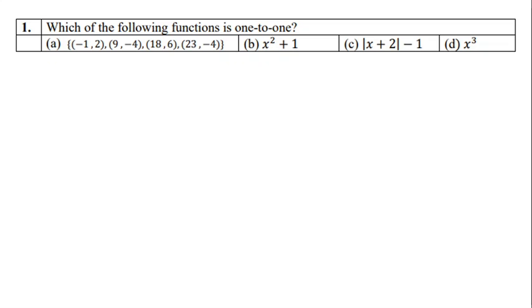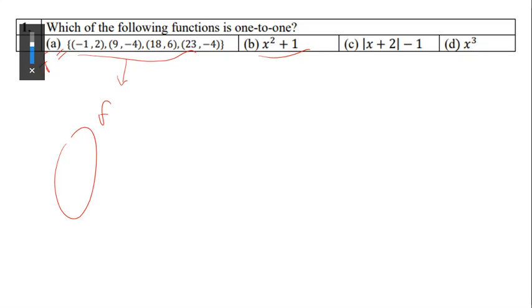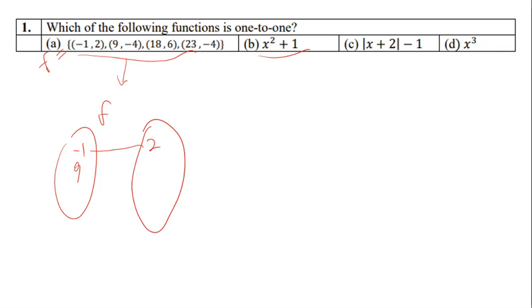As you know, we can show the functions this way or this way, or on the graph. Here, if our function is this one, it means it's matching -2 with 2 and 9 with -4, 18 with 6, and 23 with -4 again.